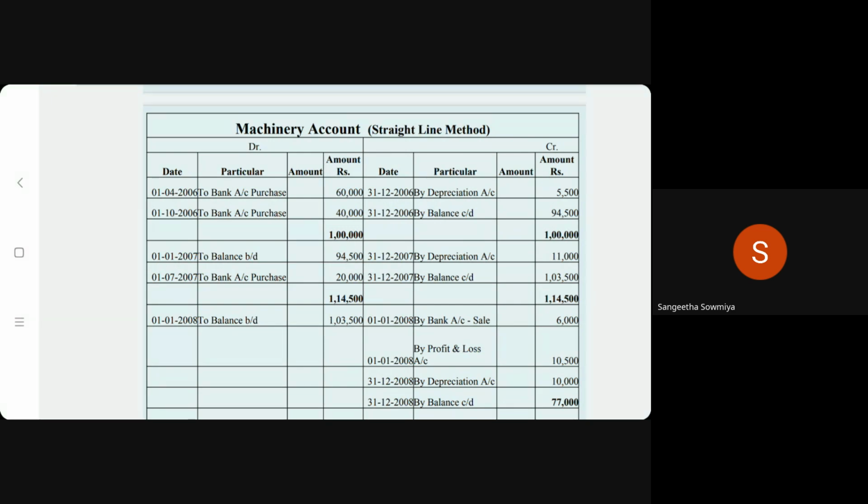When you bring it into the next year, it will be the opening balance. This is the closing balance. Balance carried down means closing balance. Balance brought down means opening balance. So last year's closing balance will be the next year's opening balance. So on 1/1/2007, the opening balance will be 94,500.